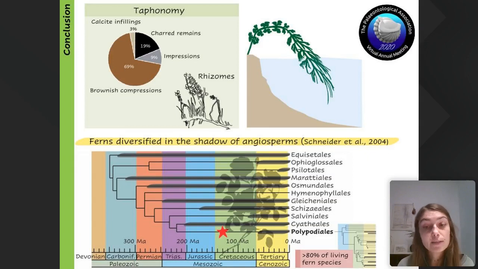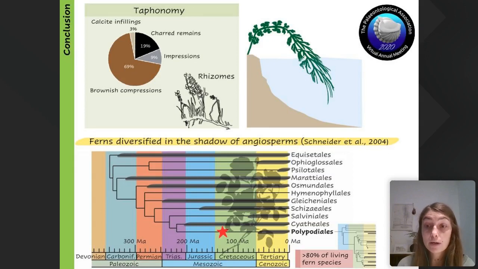Also, in the title, I say they are important in the evolution of vegetation in the Cretaceous. This is because it might be one of the earliest evidences of angiosperms and polypodiales. We still have to work on the phylogenetic relationships of this plant, but it may belong to polypodiales.